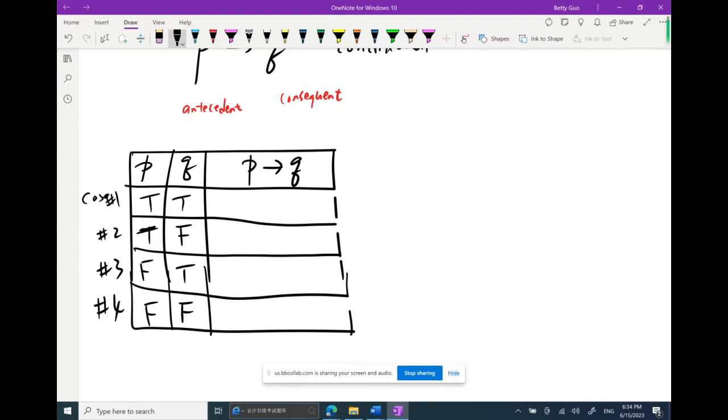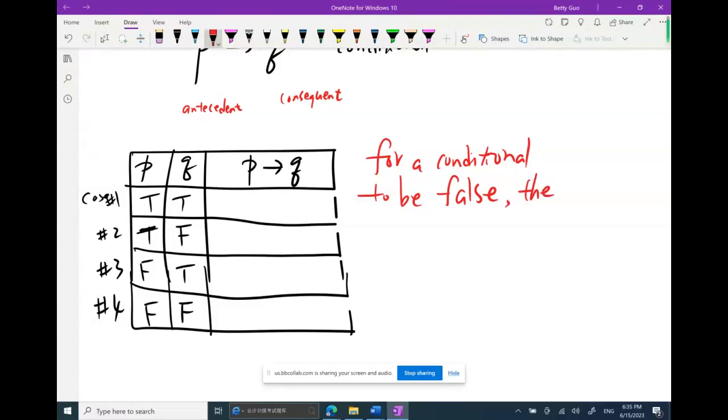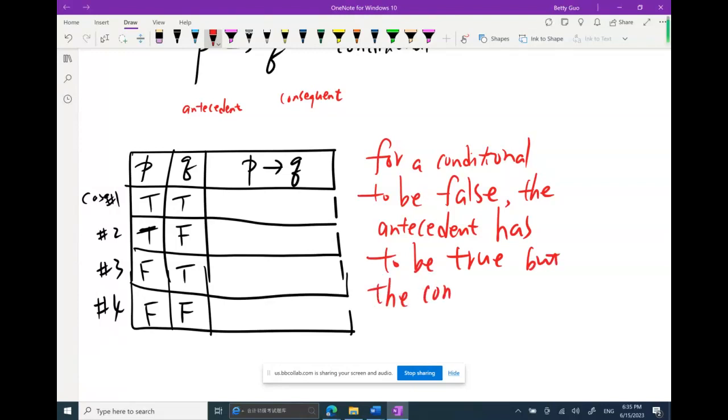And what we need to remember here is, for a conditional to be false, the antecedent has to be true, but the consequent must be false.